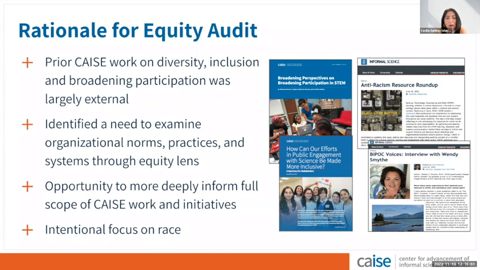And so that was the conversation that was happening in the fall of 2019, and this idea that was germinating just as we were disseminating the broadening participation toolkit really coalesced into a series of conversations about doing this particular equity audit.